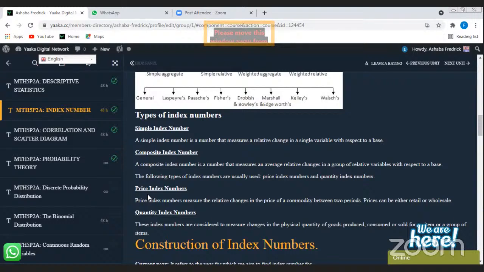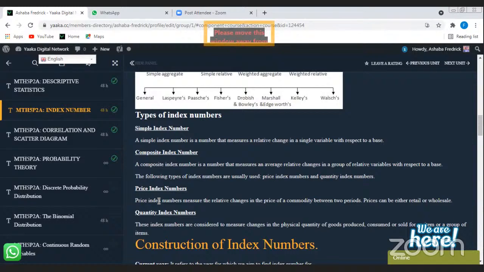And then we have price index numbers. This one brings us to the real prices. Price index numbers measure the relative changes in the price of a commodity between two periods. Prices can be either retail or wholesale. So this one measures relative changes in prices between two periods, but of the same commodity.